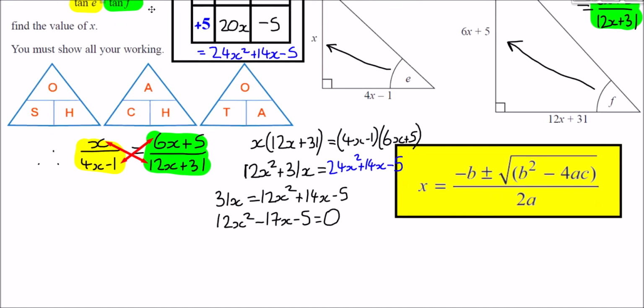We just need to input our corresponding values of A, B and C. A is the number at the front of the x squared, that's 12. If it just said x squared, the number would have been 1. B is the number in front of the x term, which is minus 17. And finally, C is the number on its own, which is minus 5.